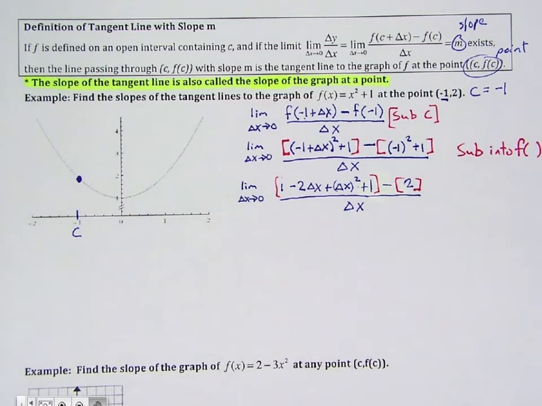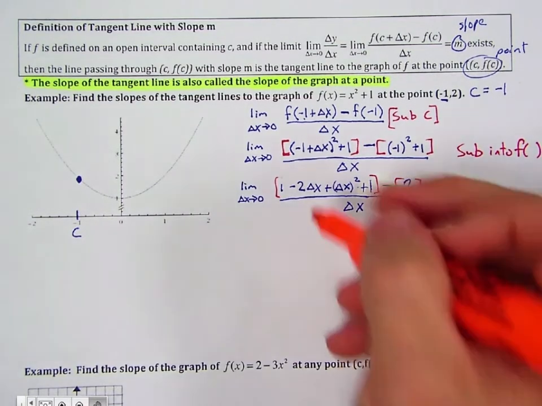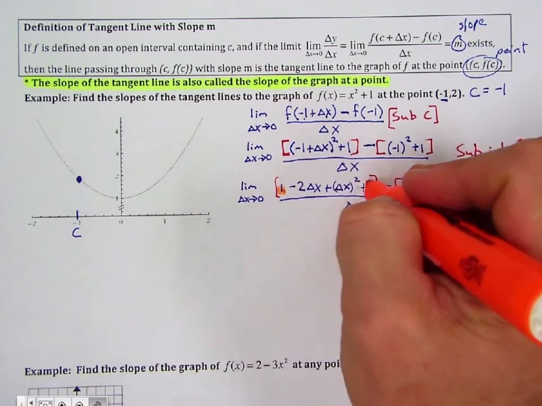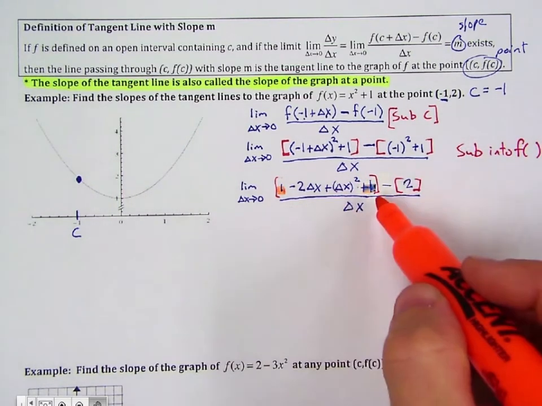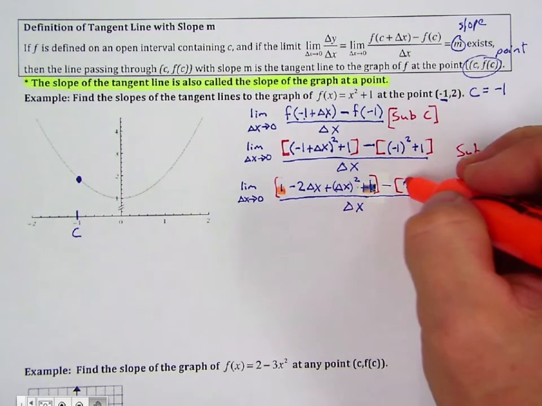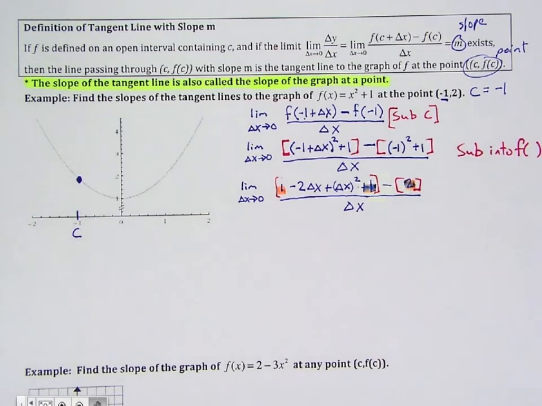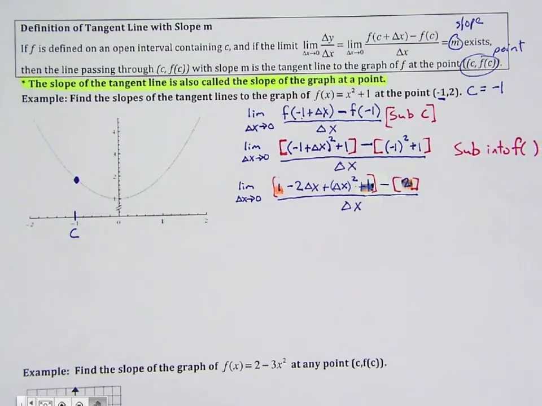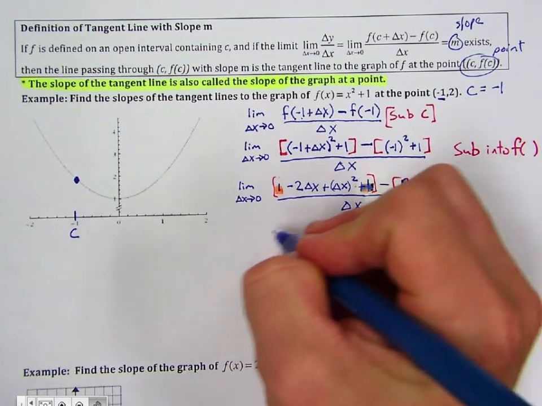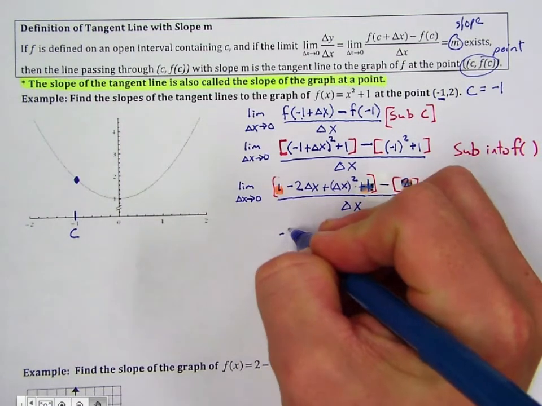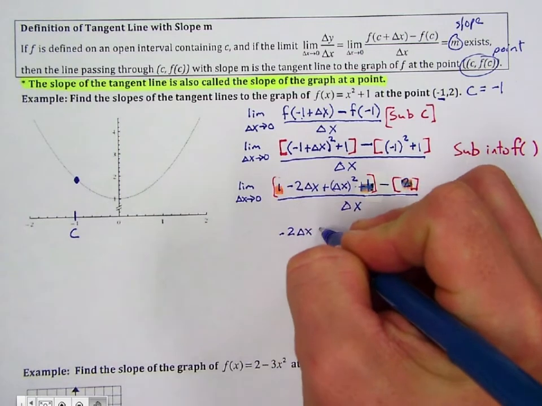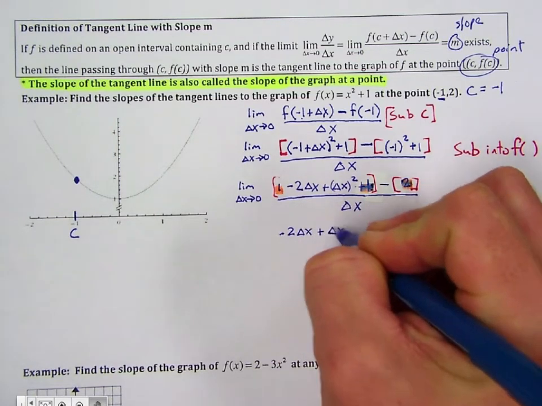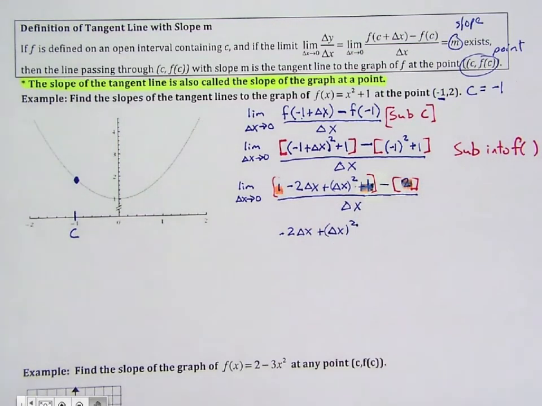Now something very interesting happens here. When you look at this, we have a 1 and a 1, which makes our 2, and then we're going to subtract a 2. So those essentially cancel out, and we're left with negative 2 delta x plus delta x squared.